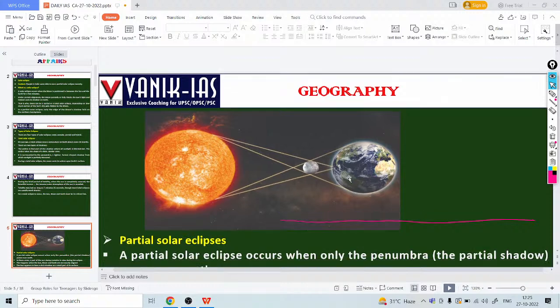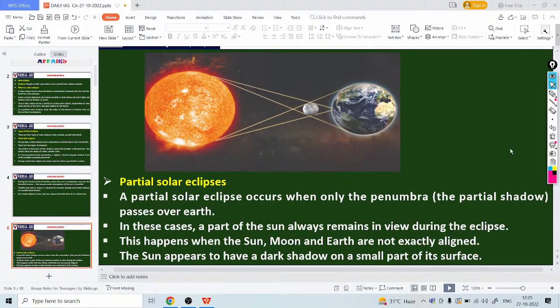Okay, this is the picture. This visualizes. Then the partial. So is it clear? Sun, the earth, this is the moon, and this is where the country is. So it is covered, not visible.